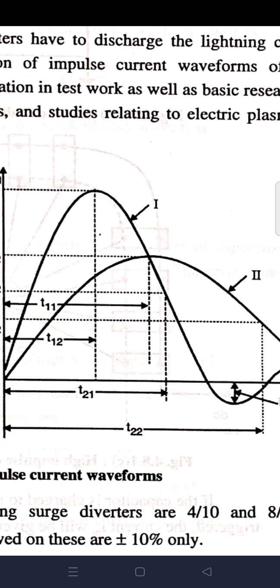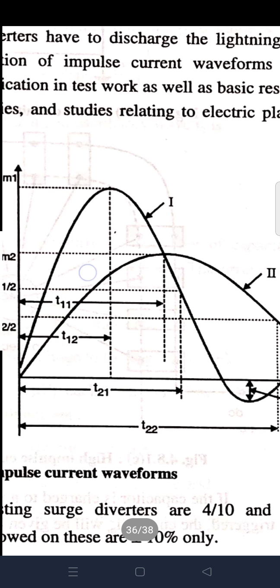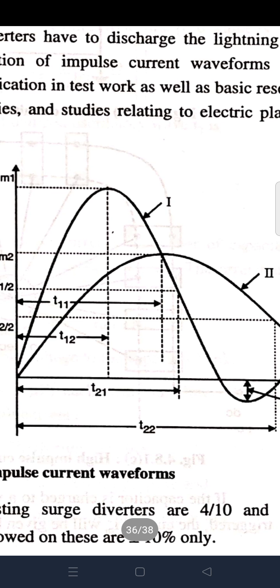Therefore, generation of impulse current waveforms of high magnitude, around 100 kA peak, finds applications in test work as well as basic research on non-linear resistors, electric arc studies, and studies relating to electric plasma in high current discharge. So here small t11 and t12 are the time to front of wave 1 and 2, and t21 and t22 are the time to tail of wave 1 and 2.